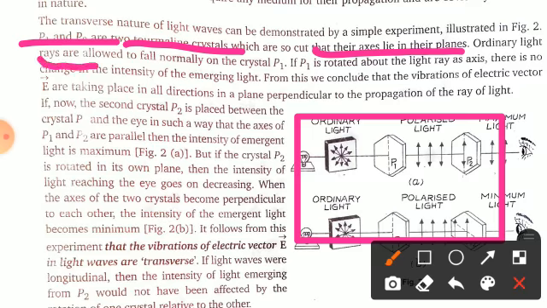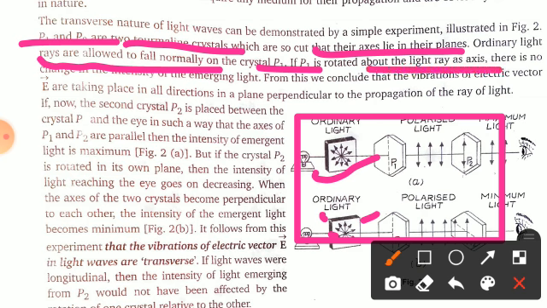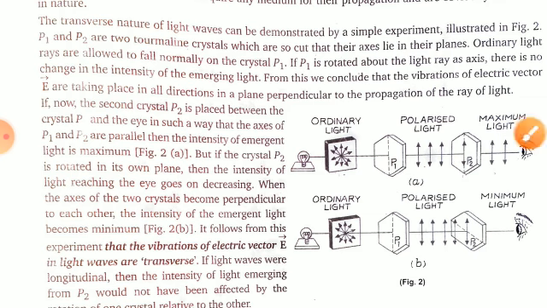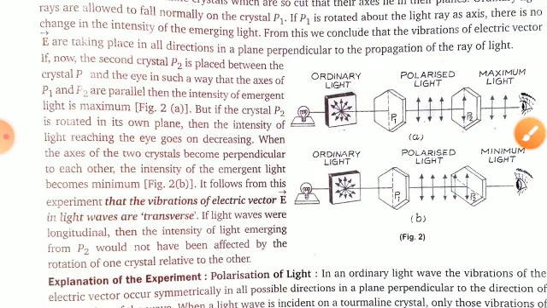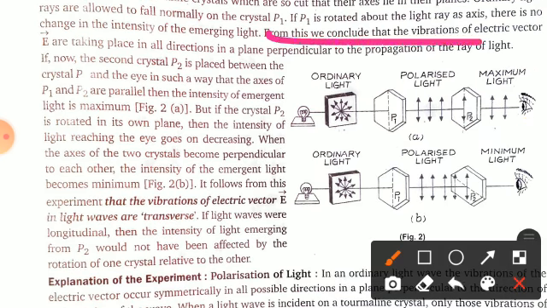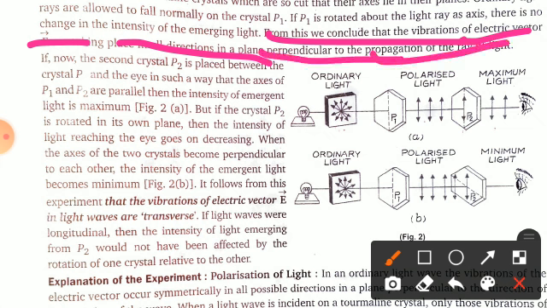Ordinary light rays are allowed to fall normally on the crystal P1. If P1 is rotated about the light ray as axis, you can see from figures A and B that there is no change in the intensity of the emerging light. So from this we conclude that the vibrations of the electric vector E are taking place in all directions in a plane perpendicular to the propagation of the ray of light.